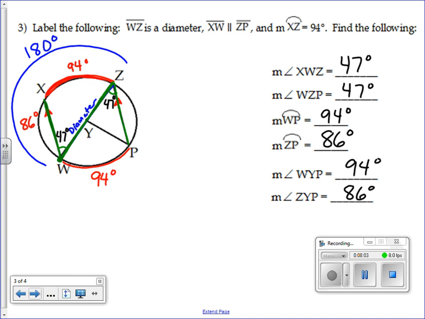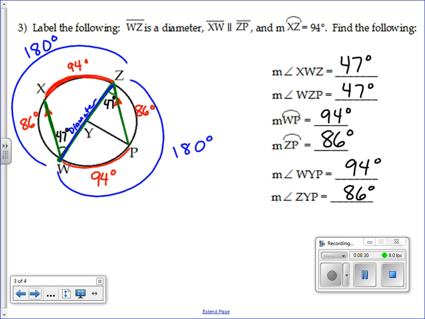That's the arc of WP. And then I have that semicircle from W to Z over here on the right-hand side, so all of this will be 180. That makes it easy to find arc CP. You do 180 minus 94, so arc CP will be 86.